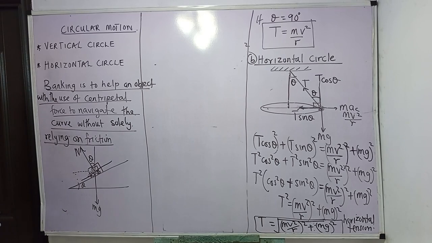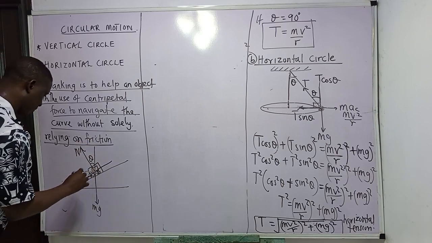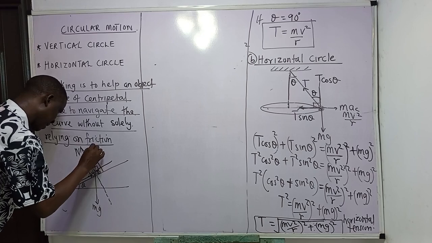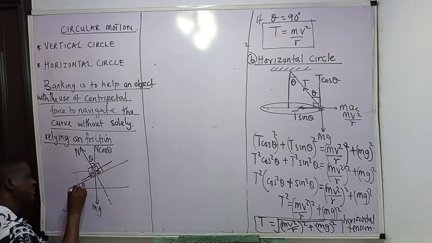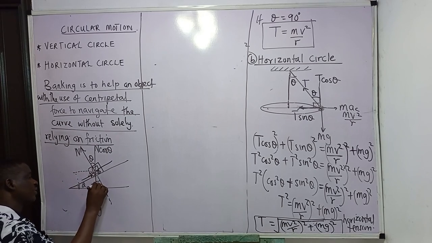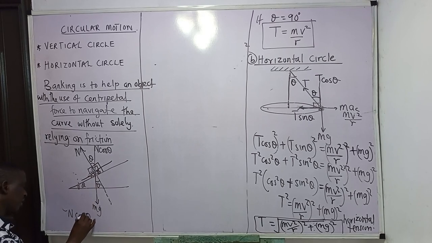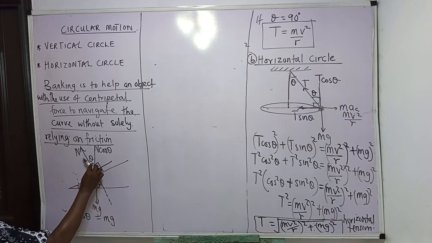Now, if you resolve it along the vertical, we are going to have N cos theta. Don't forget that this angle is equal to theta and here is equal to theta. So N cos theta is equal to mg.